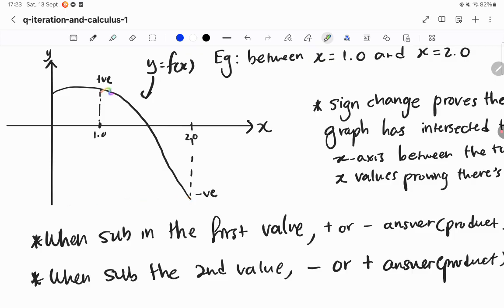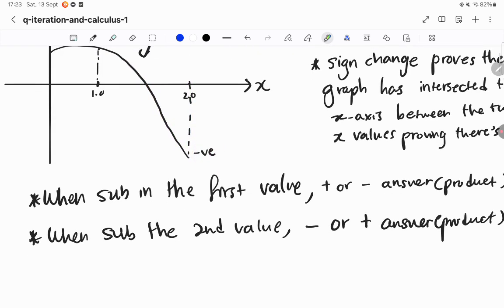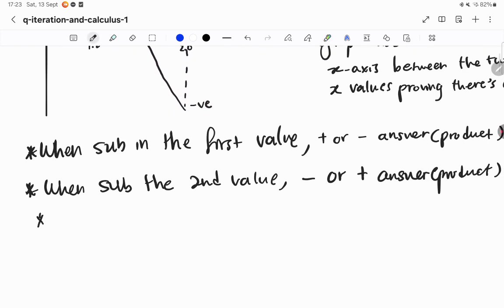So that shows us that the graph has gone down and crossed the x-axis at a point, and that point is between these two points because there's a sign change. If there is no sign change, that means no root between those two points.